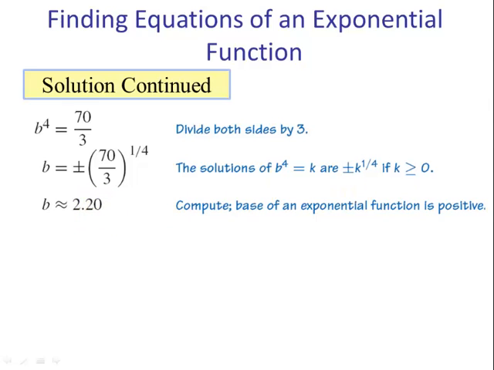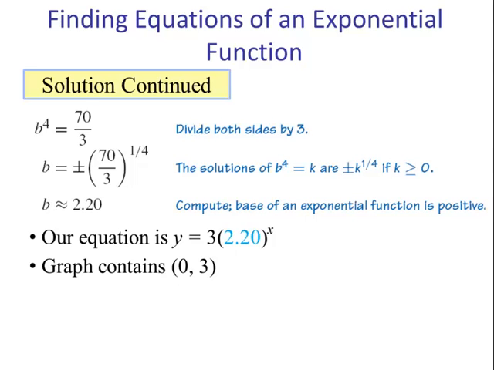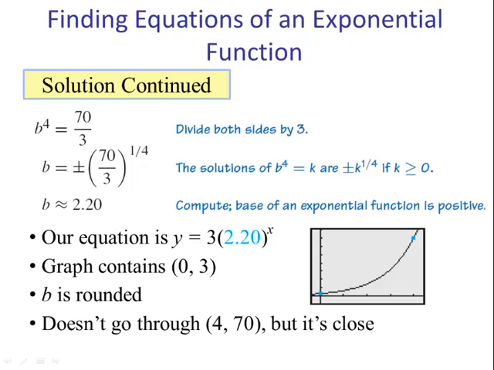In an exponential function, the base cannot be negative. So we have our equation, y equals 3 times 2.20 raised to the x power. This graph contains (0, 3). It doesn't exactly go through (4, 70), but it's close, and the reason it doesn't is because we are rounding b to 2 decimal places.